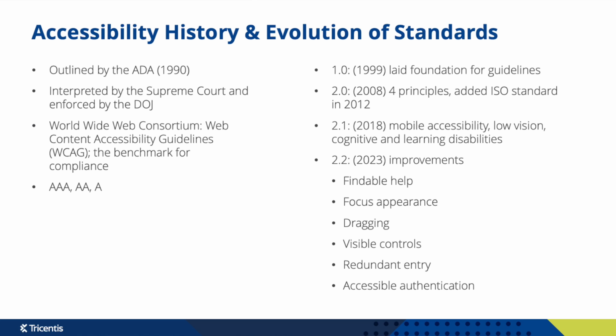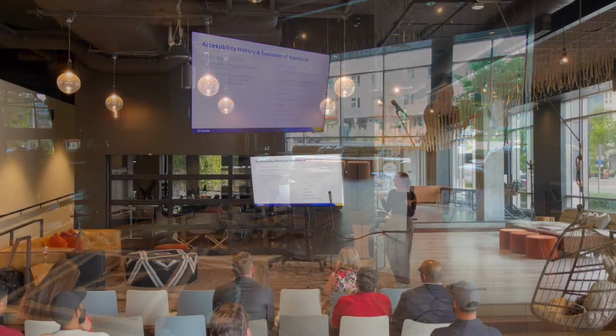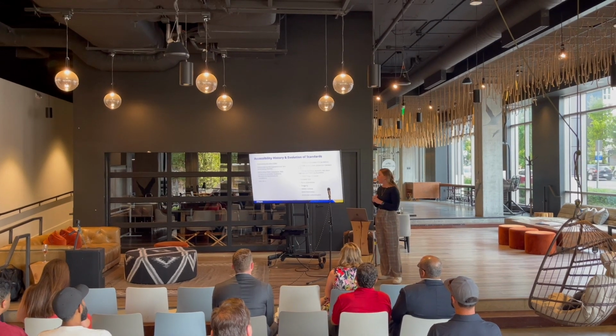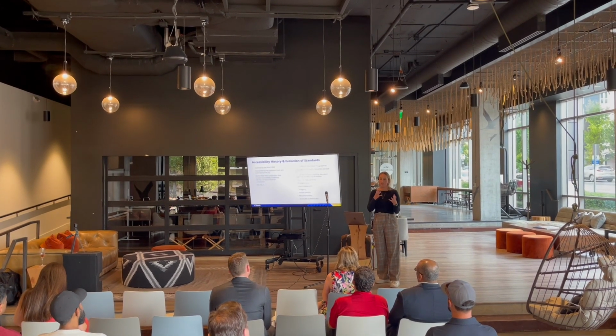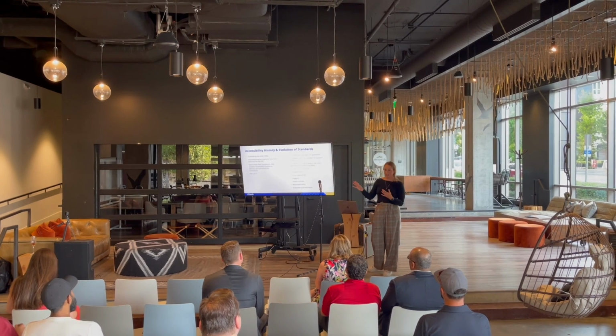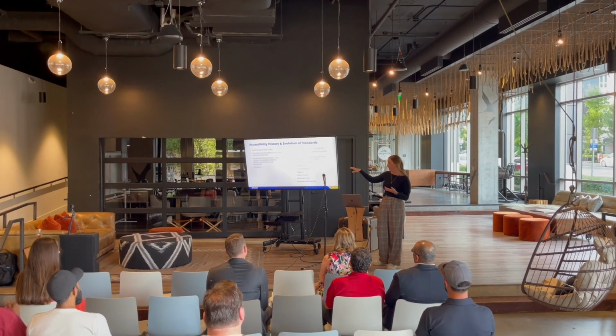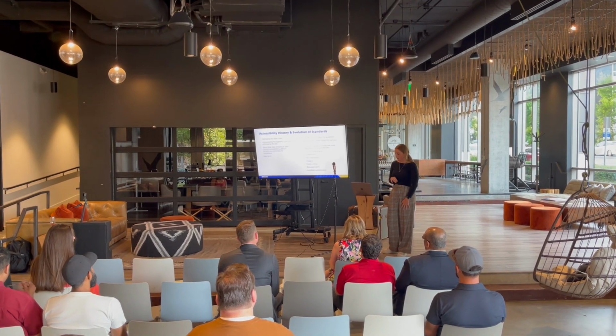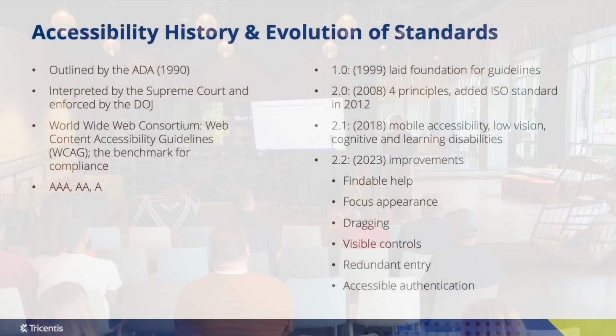There are 3 grades. AAA is the most strict, so that's going to be any federal websites, some state websites as well. AA is the mid-range, and if you don't have a federal website, it's generally accepted that AA compliance is good enough. And single A is the least strict, I should say.